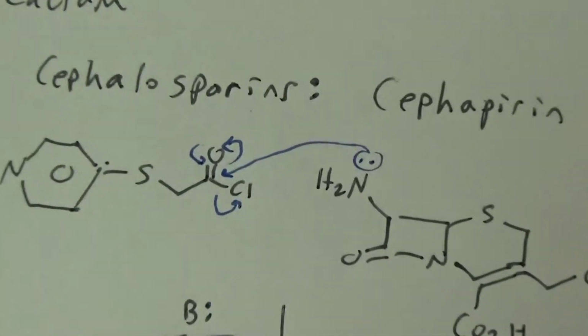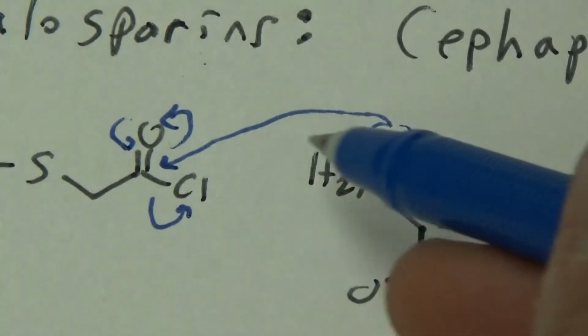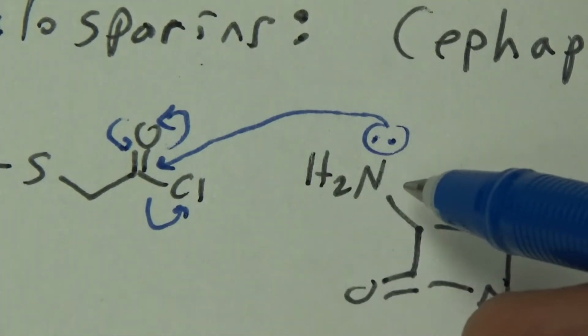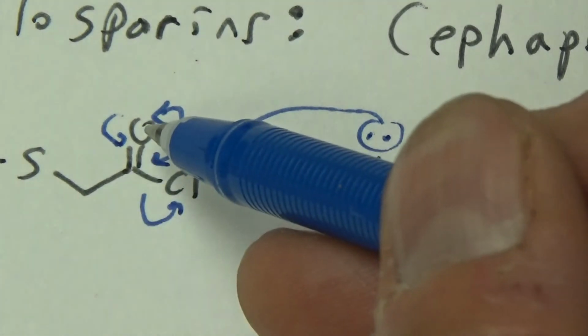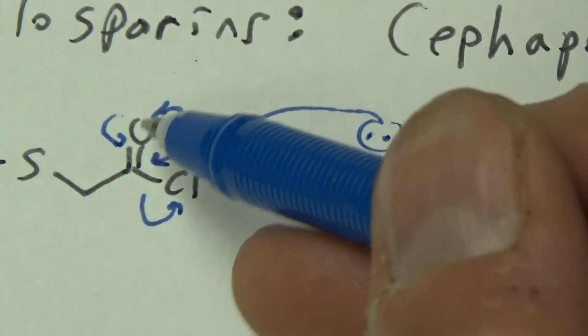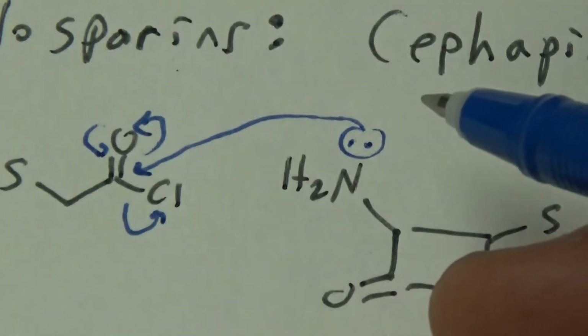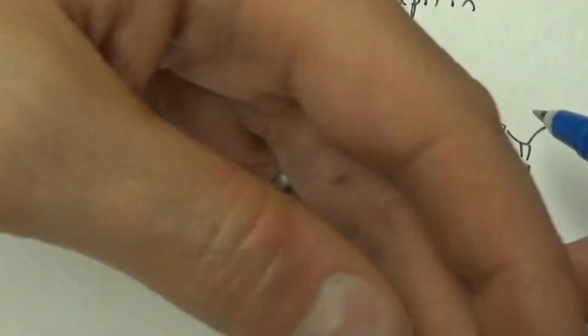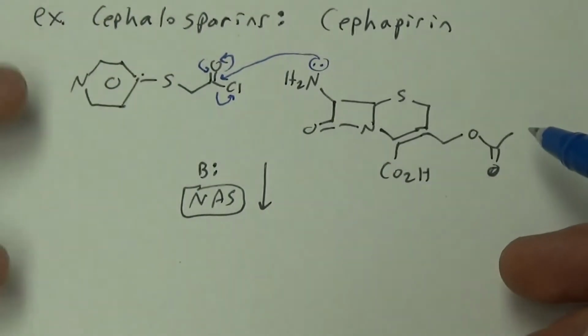So the nitrogen attacks, electrons go up, then the base takes the proton, then the O- swings down, regenerates the double bond, kicks off the chlorine, and that's basically NAS. So the final product is pretty simple. You should be able to draw the product of this.